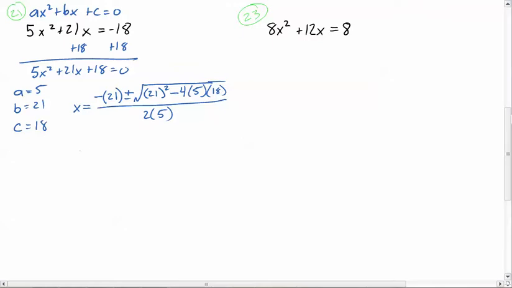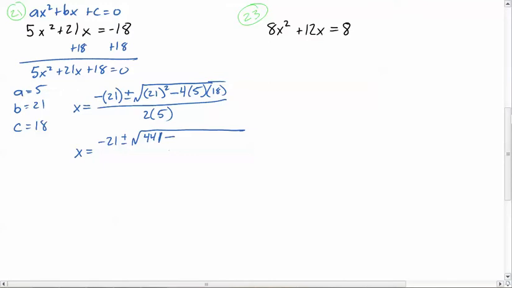But here we go. X equals negative 21 plus or minus the square root of 21 squared. Now I know this is 441, not because I'm a genius, but because I already worked this problem wrong once. I made a mistake and I wrote 44 instead of 441. So it's 441. If you don't believe me, plug it into your calculator.